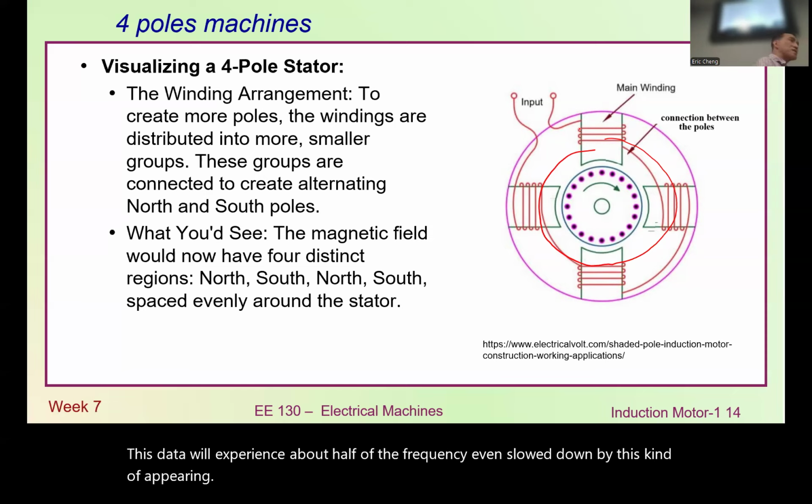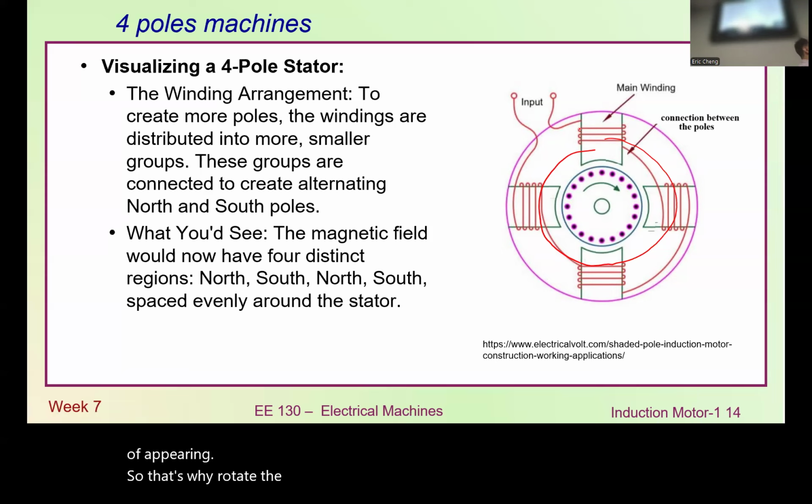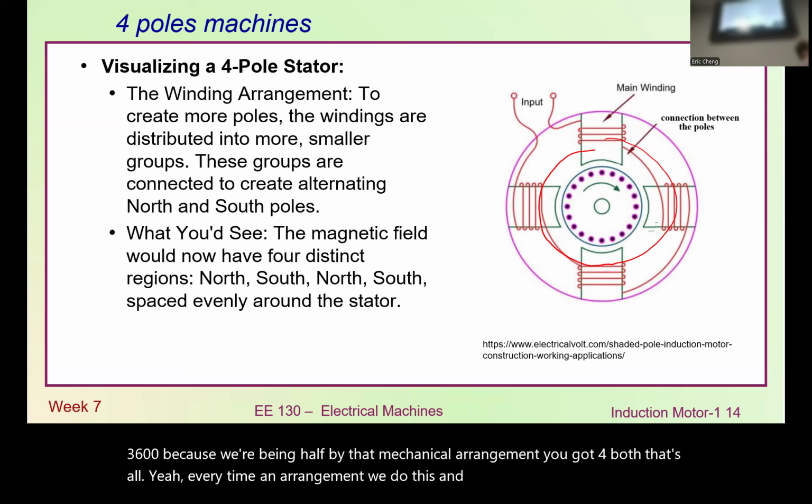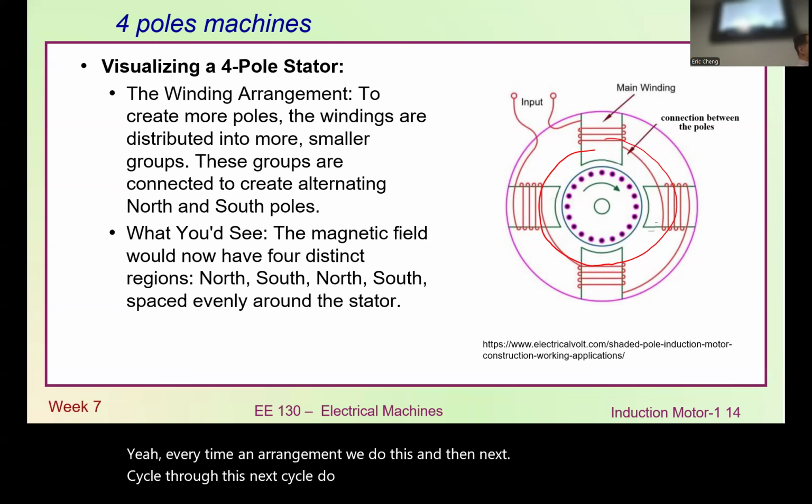That's why the base speed for the motor becomes 1,800, not 3,600, because it's halved by the mechanical arrangement. We got 4 poles, that's all. Every time we arrange it, we do this, and then next cycle do this. So mechanically, you reduce by half.